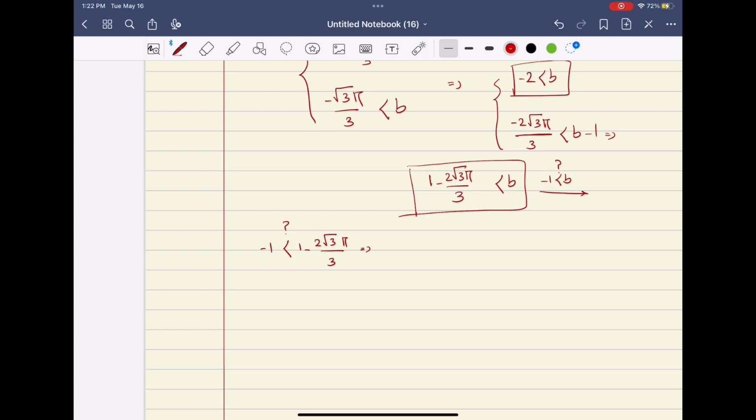So we want to check this: is 2 root 3 times pi over 3 minus 1 less than 1?